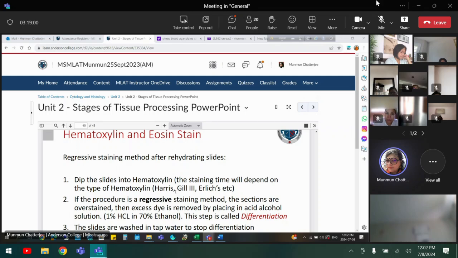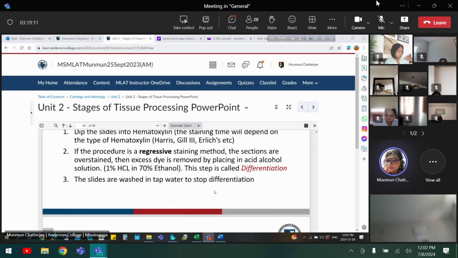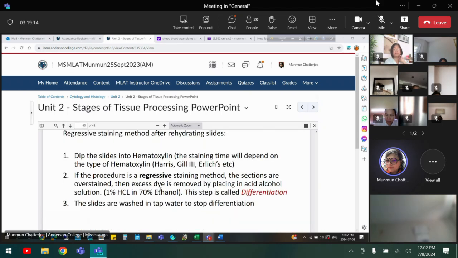Staining time will depend on the type of hematoxylin you are using and also on the nature of the tissue. Since it is a regressive staining method, the sections are overstained, then excess dye is removed by placing them in acid alcohol solution, 1% HCl and 70% ethanol.